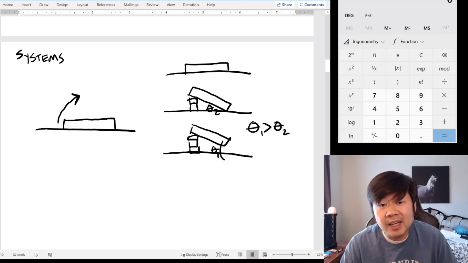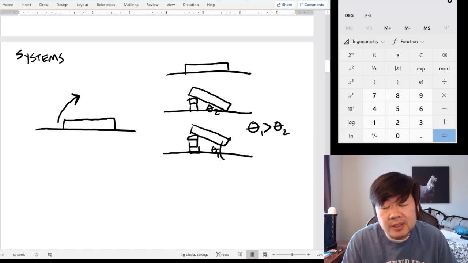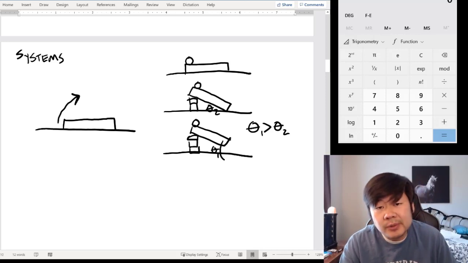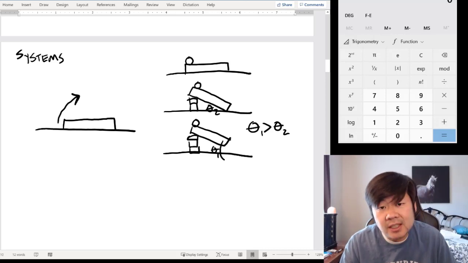I'm going to try to keep my handwriting neat so you can see this, all right? So in the system, if you remember the experiment that we could run with this is putting a ball, okay? So if we put a ball, or we used a marble on here. So if you have a marble and you think about what's going to happen in here, that marble would stay still on the level surface.